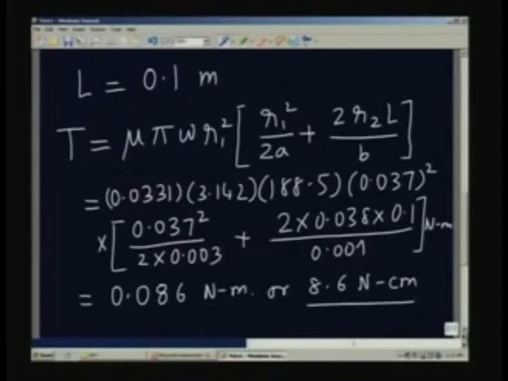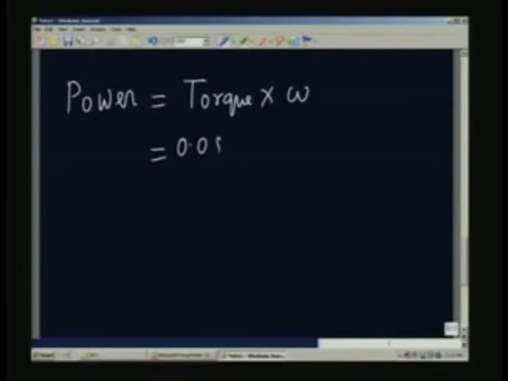The power can be easily obtained. The power consumed or power required is nothing but the product of torque times the angular velocity omega, and the torque is already calculated as 0.086 Newton meters multiplied by 188.5 radians per second.